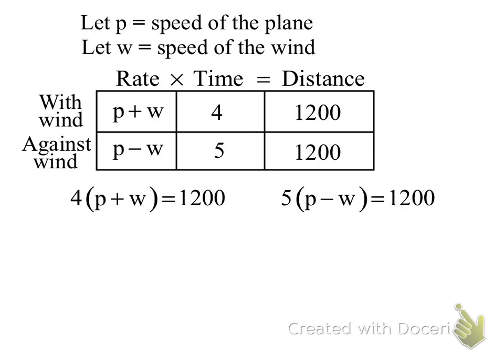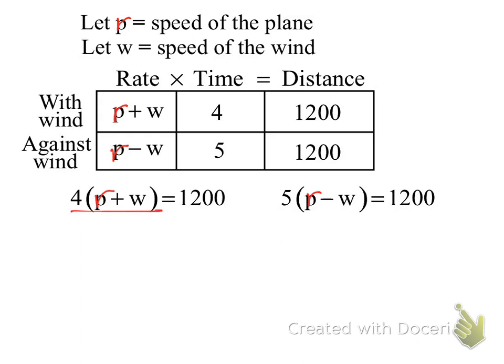So you remember we're still using R. Okay, let's get R plus W alone. What would I have to do? I don't want to distribute. I like that R plus W, because I'm noticing my R plus W and R minus W. What do I do to get rid of the 4?